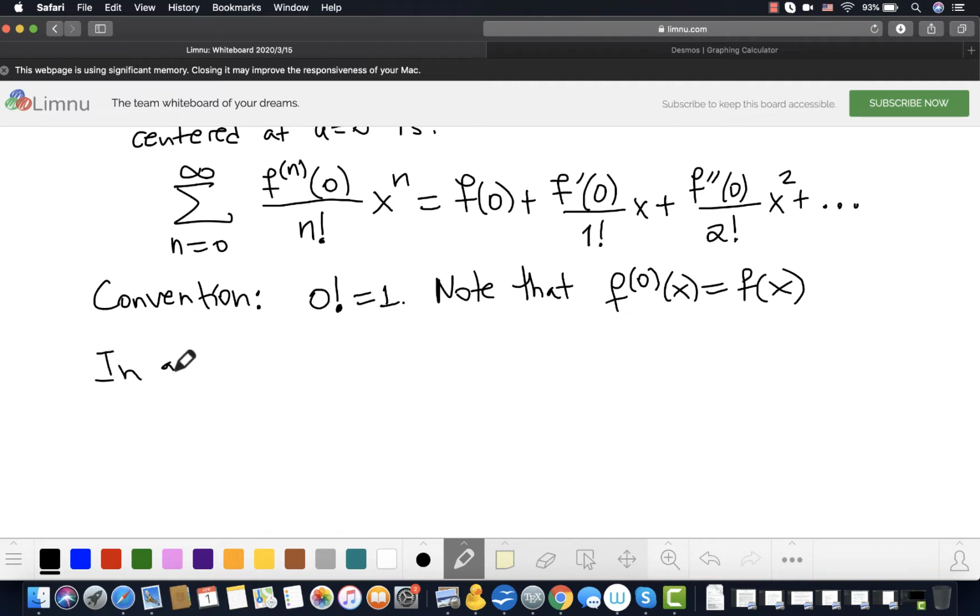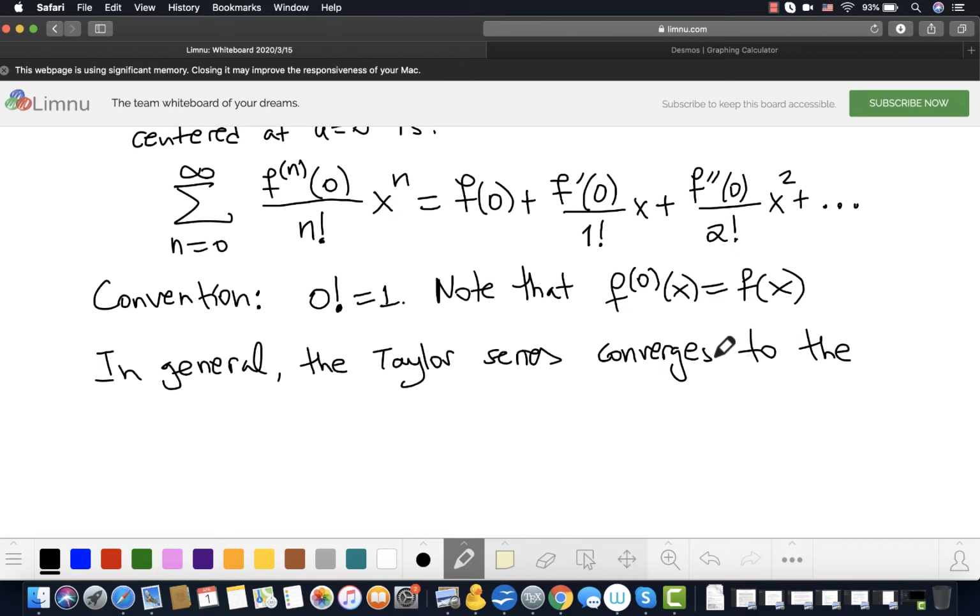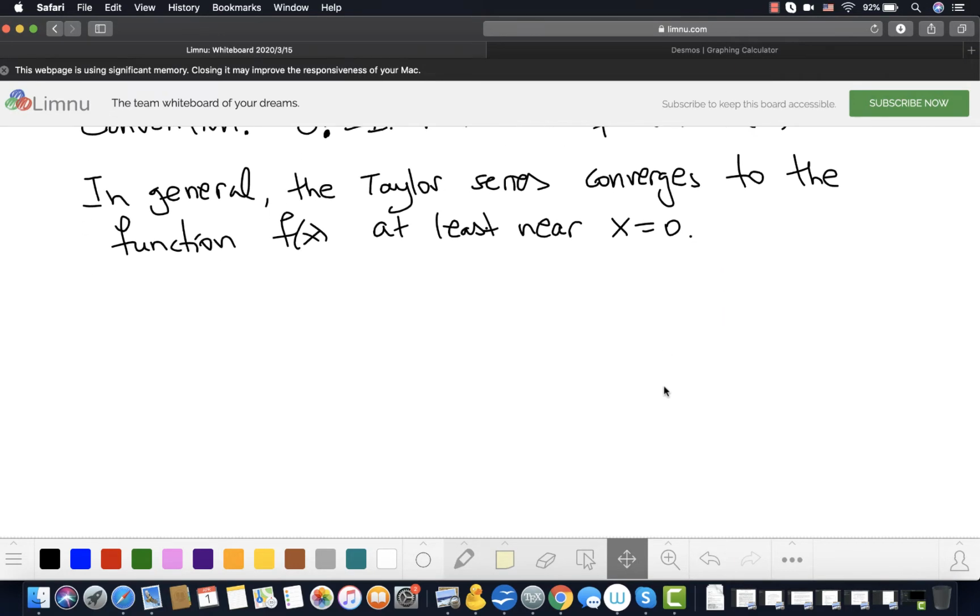And so in general, the Taylor series converges to the function f of x, at least near the origin, at least near x equals 0. Now what do I mean? Here I'm considering Taylor series centered at 0, so this is why we expect convergence to the function itself near x equals 0.